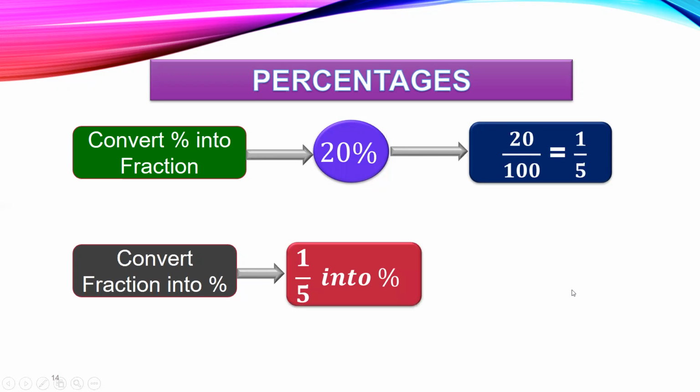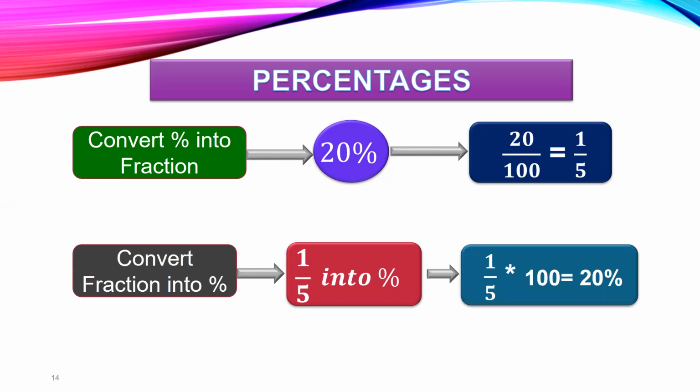If we say 1 by 5, we have to multiply that 1 by 5 fraction into 100, and that's 1 by 5 into 100, and it is coming as 20%. So this is how you can convert percentage into fraction and fraction back into percentage.